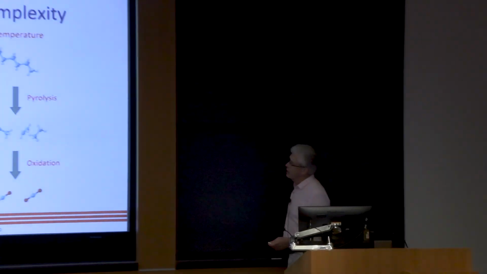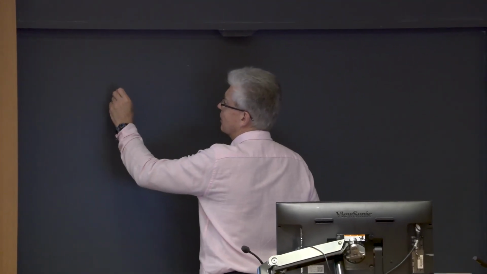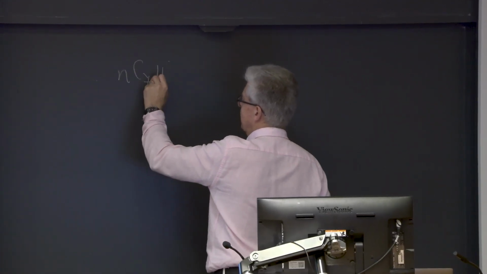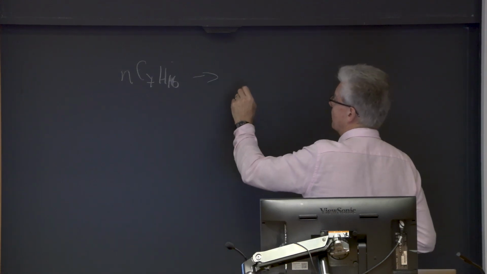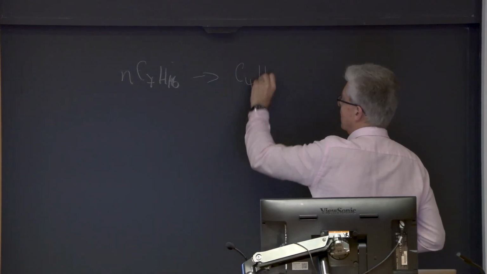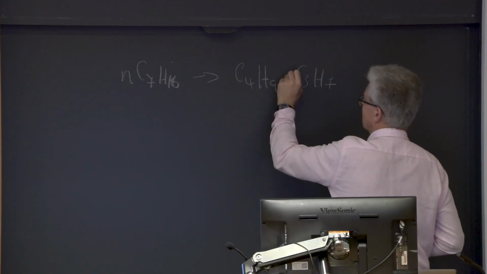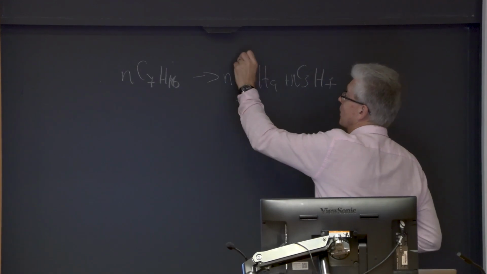Right here. So if we have, I don't know what molecule, 3, 4, 5, that's n-heptane. So we have NC7H16, let's just say, gives C4H9 plus C3H7. Is that all right?